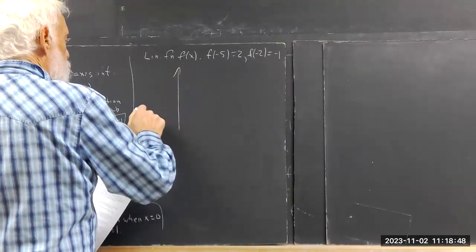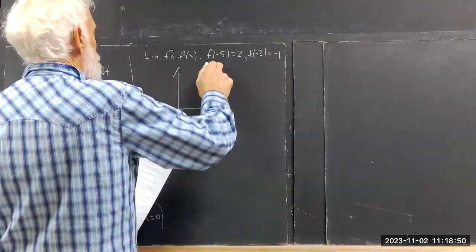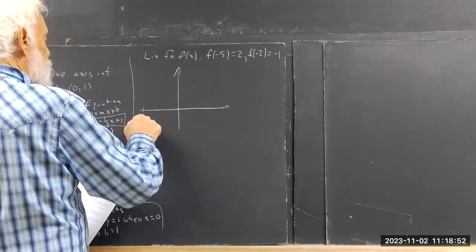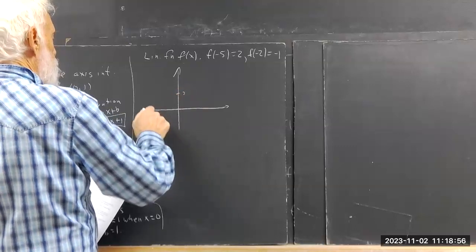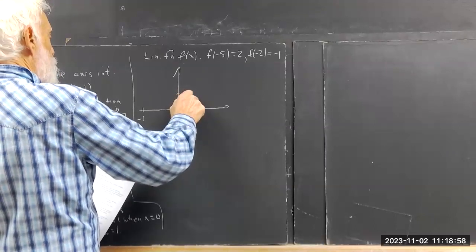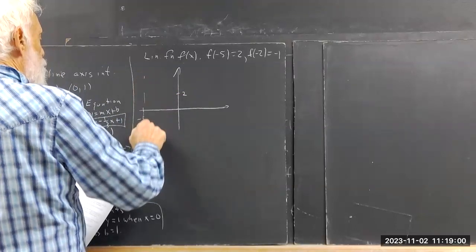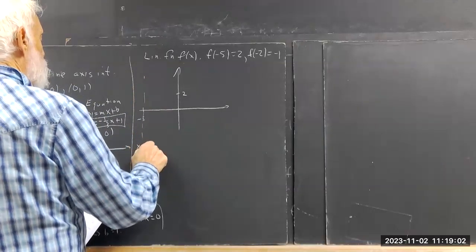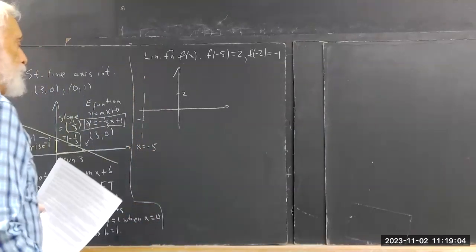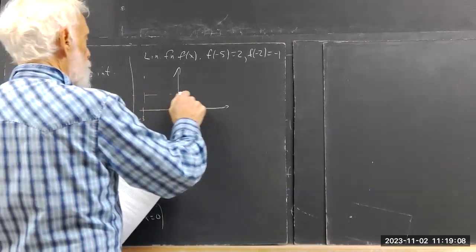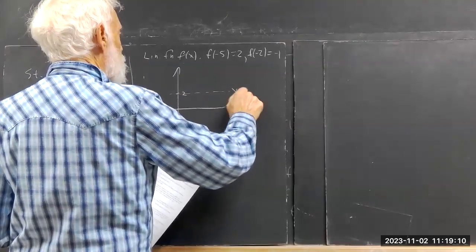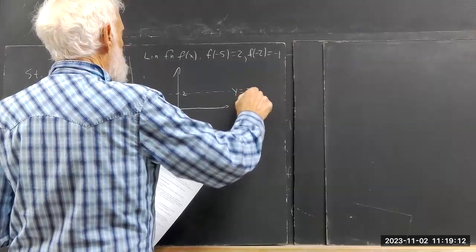That means if we draw a graph, we go over here to x equals negative 5, y is going to equal 2. Let's label this negative 5. And I'm labeling a whole vertical line through this point, x equals negative 5, and the whole horizontal line here, y equals 2.